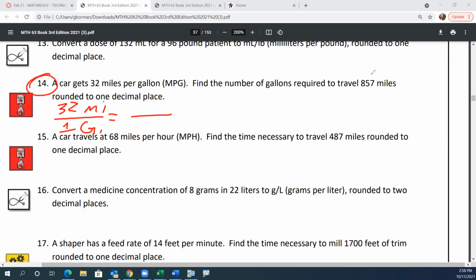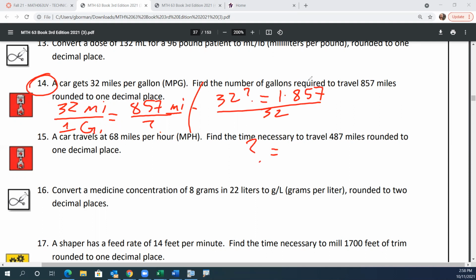So find the number of gallons. Oh, okay, so we're looking for gallons. Gallons are on the bottom, so I'm looking for the thing on the bottom. Required to travel 857 miles. So my miles are on top. Cool. So I cross multiply and I get 32 times the question equals 1 times 857, divide both sides by 32.